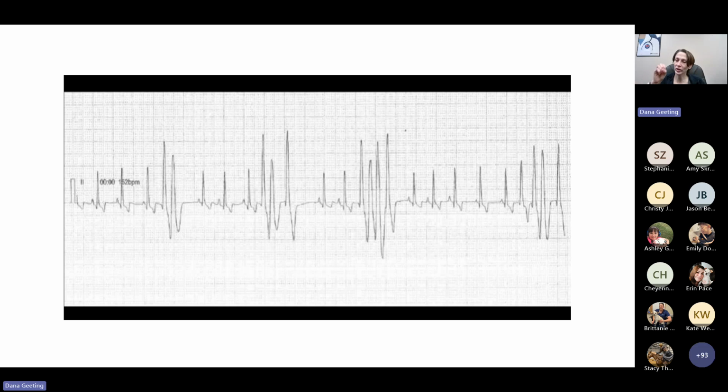So with VPCs, you're going to have a longer space in between, whereas on this one the R is firing on the T in your next QRS complex. With the R on T, they're going to be very close together because you're in a tachy rhythm rather than just a VPC. VPCs are not always, but usually on a slower heart rhythm.